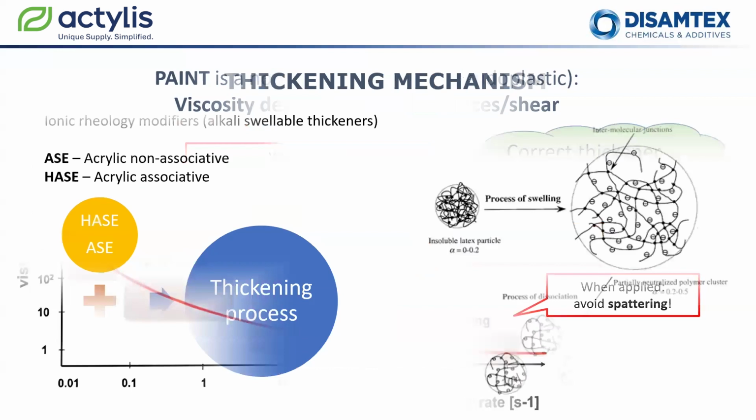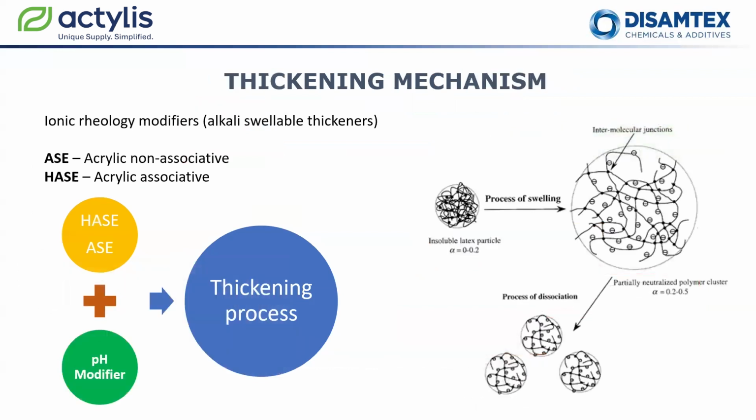So we're not going into detail about the thickening mechanism. I just wanted to present you with a short explanation that pH strongly affects viscosity because many thickeners used in paints, such as associative thickeners, acrylic thickeners, or cellulosic ones, are pH sensitive.